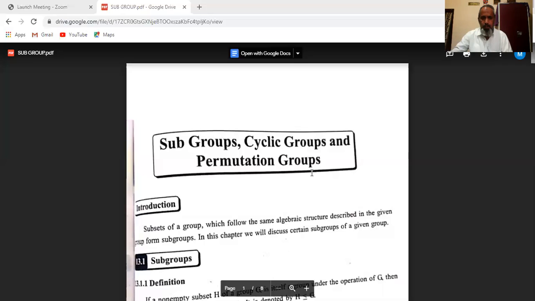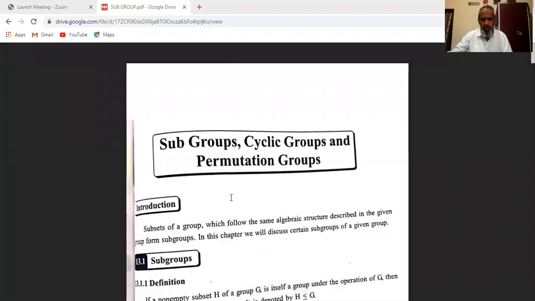So to understand more and the theorems on subgroups, let us share the screen. I am sharing the screen. See here. So this is the definition of a subgroup.